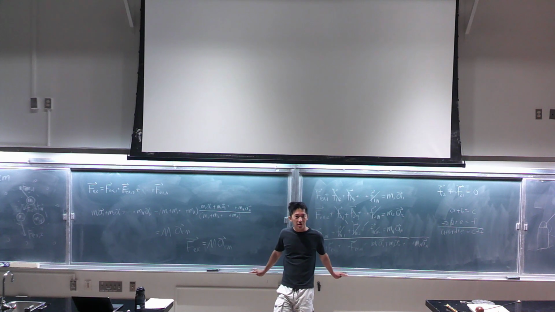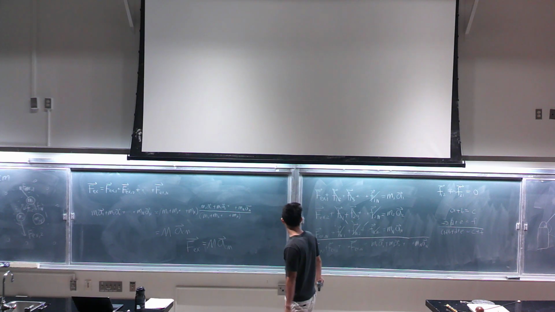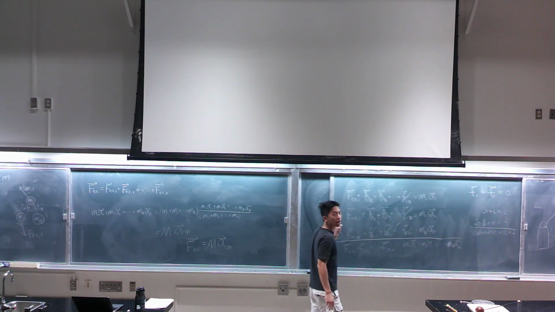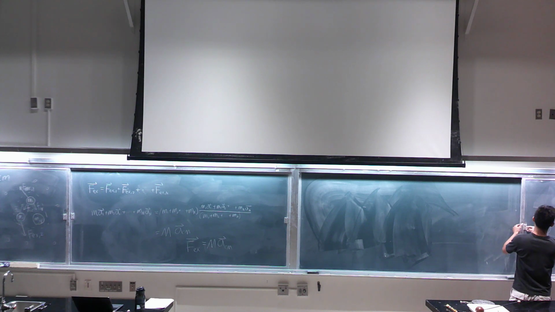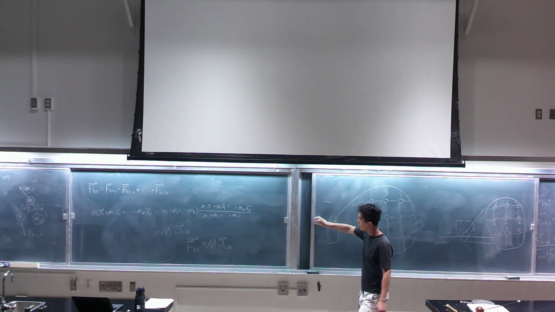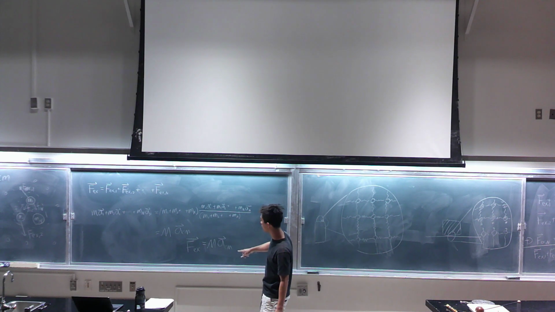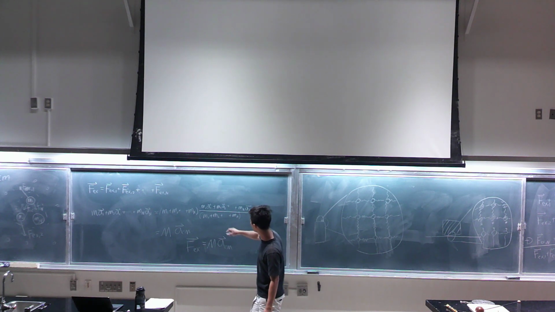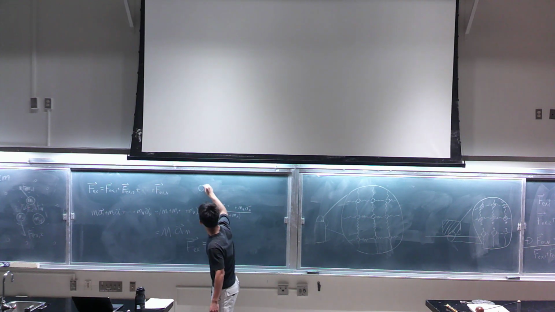So what exactly is this ACM? It's going to be the acceleration of something called the center of mass. And ACM is defined by, let me write down the definition.